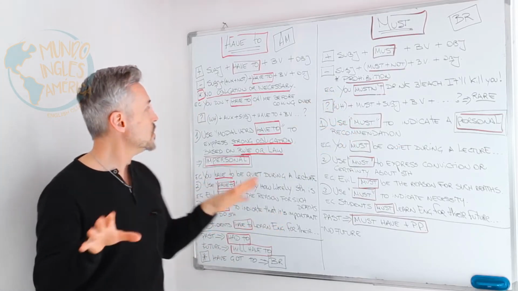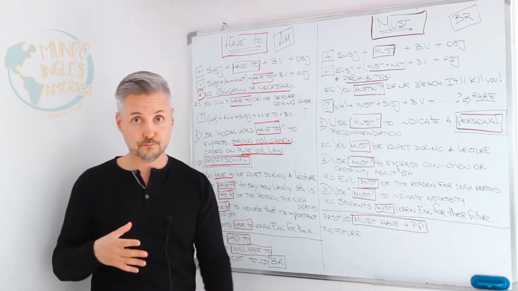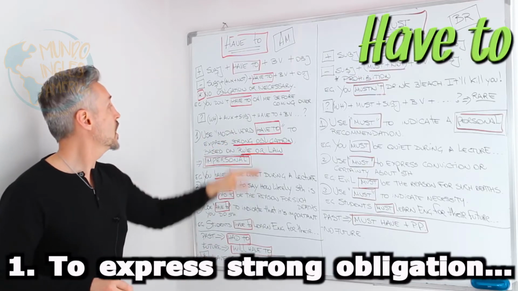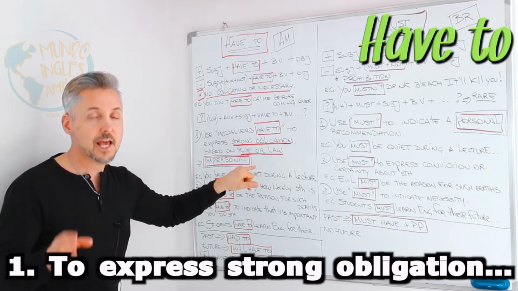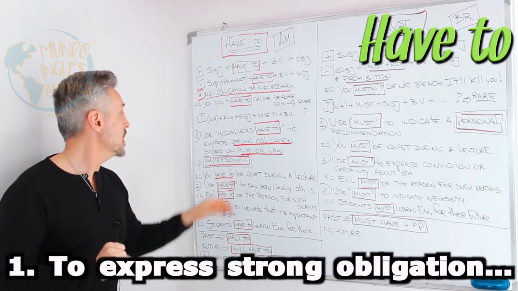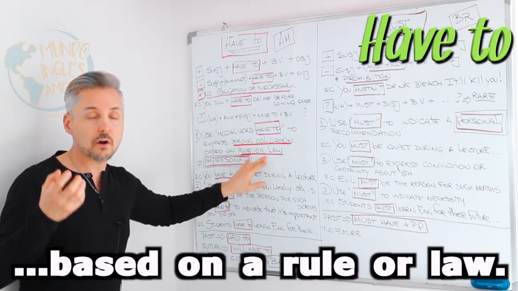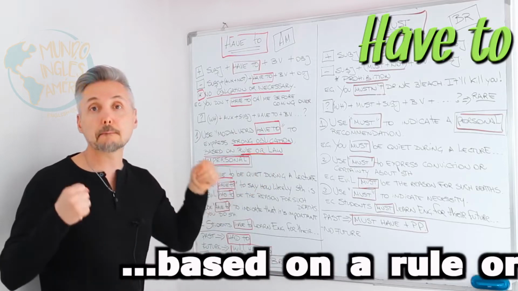Okay, now the most important thing is when and how we use these two. The first rule is use the modal verb have to express strong obligation. This strong obligation is based on a rule or law, and obviously have to is impersonal.